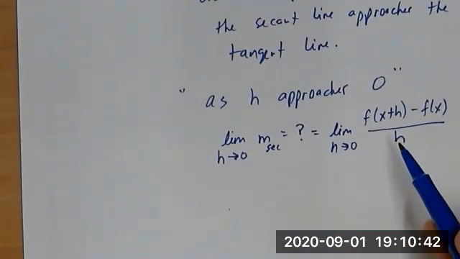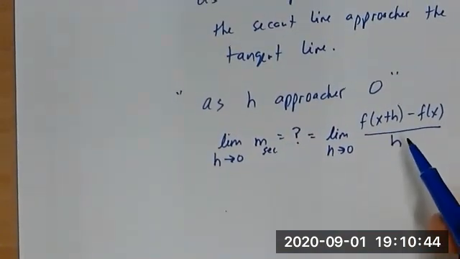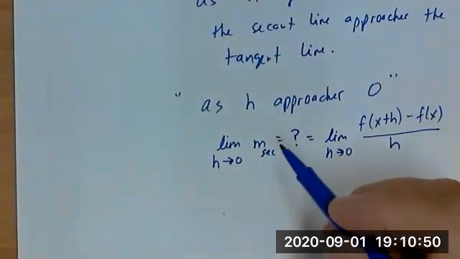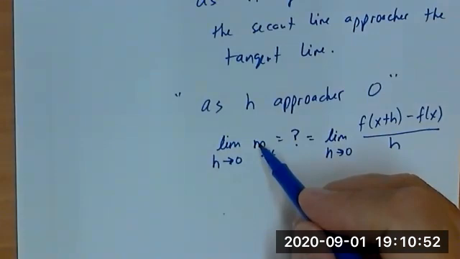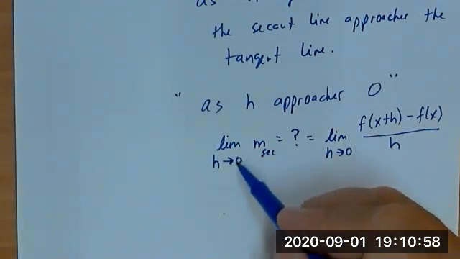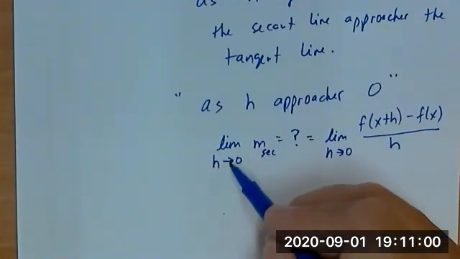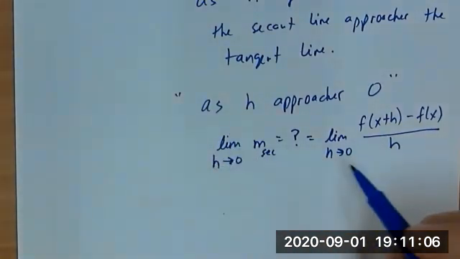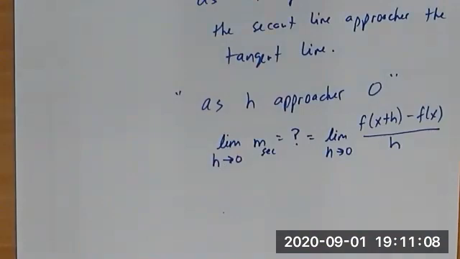So once again, we're almost done. This is the big reveal. I'm trying to find the slope of the secant line. The secant line connects two points, but I want those two points to be as close as possible. So I say the limit as h, the x distance between those two points, approaches 0.